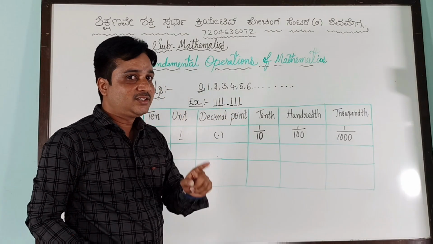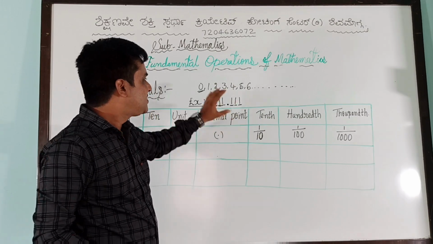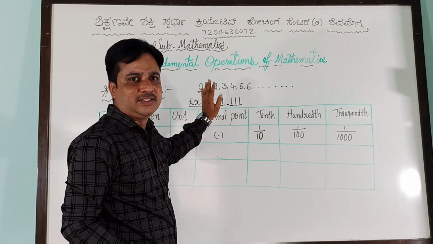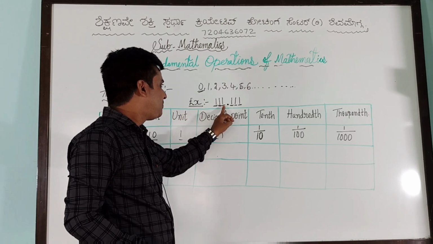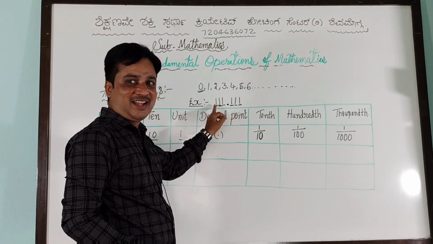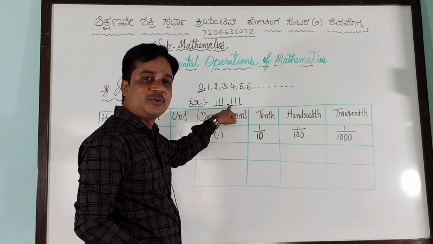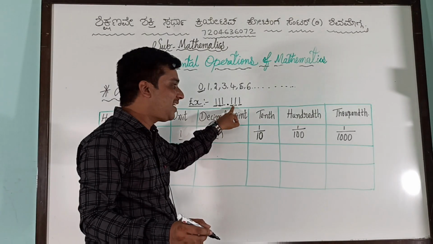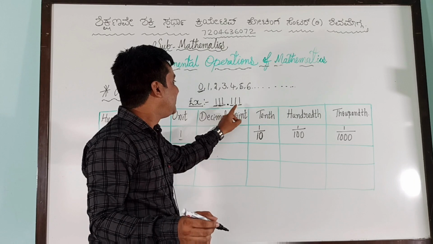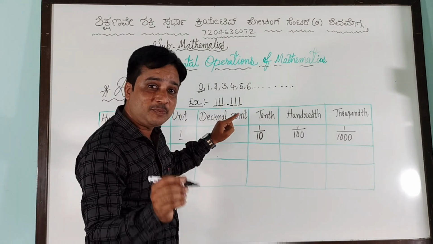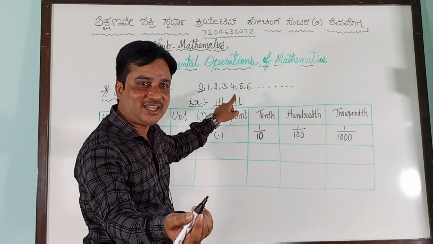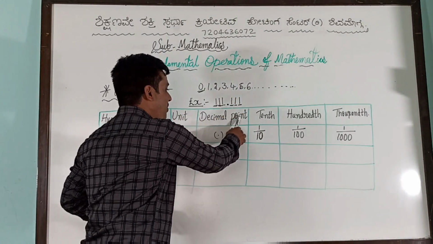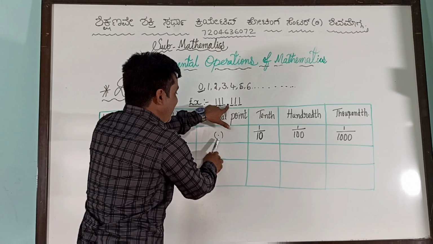We have to understand this place. Before the decimal, what comes? We started with unit place, tens place, 100 place. After the decimal, how do we have to read this? The first is in the tenths place, this one is in the 100th place, and the third one is in the 1000th place. Here we have written the decimal point.